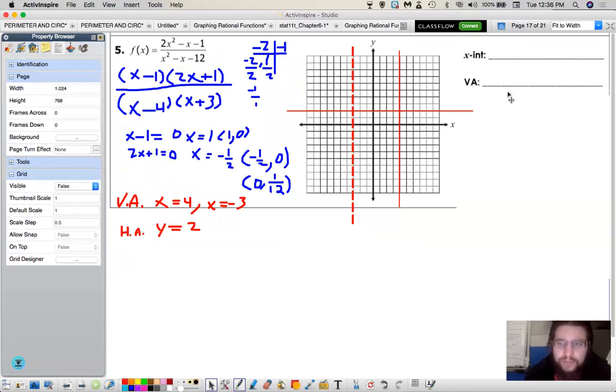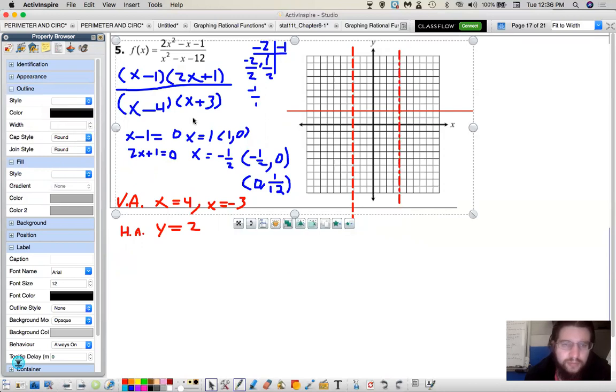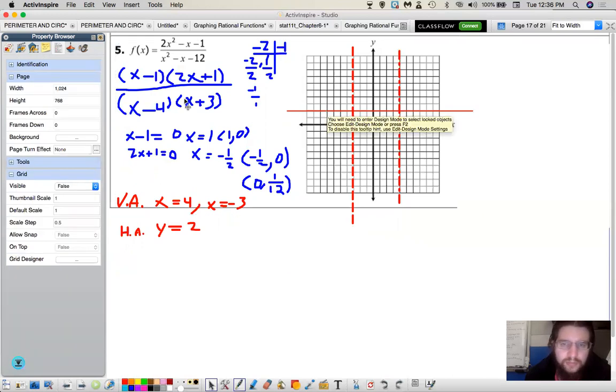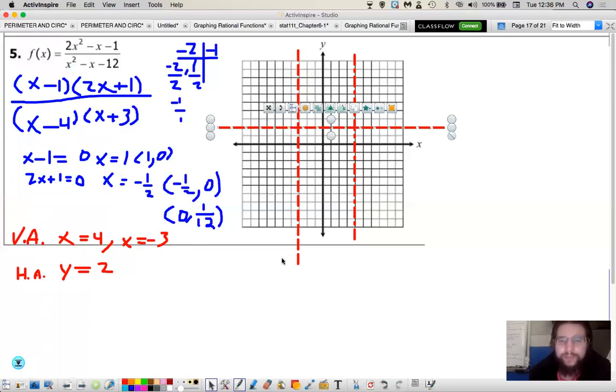Oops. Okay. Now my horizontal and vertical asymptotes are all dotty. Plot my intercepts.